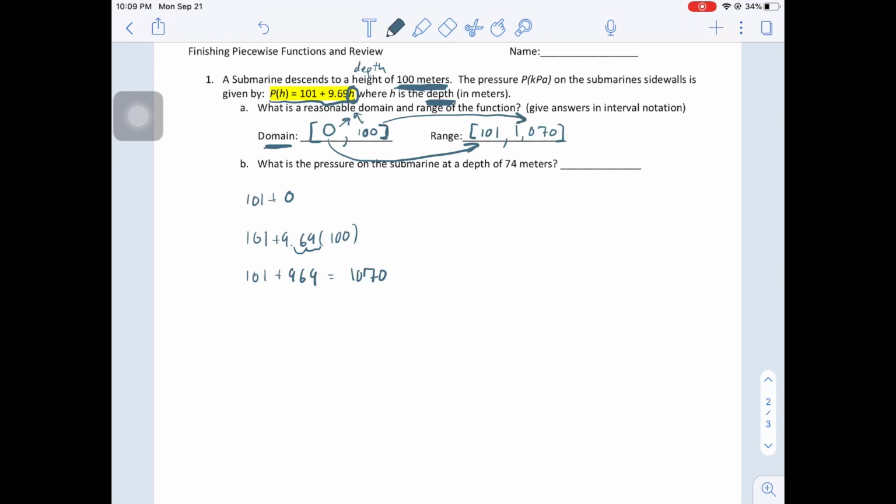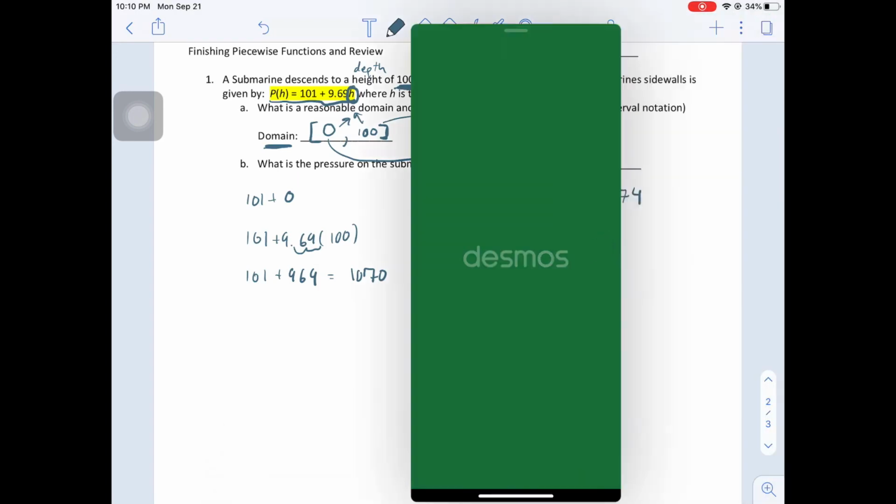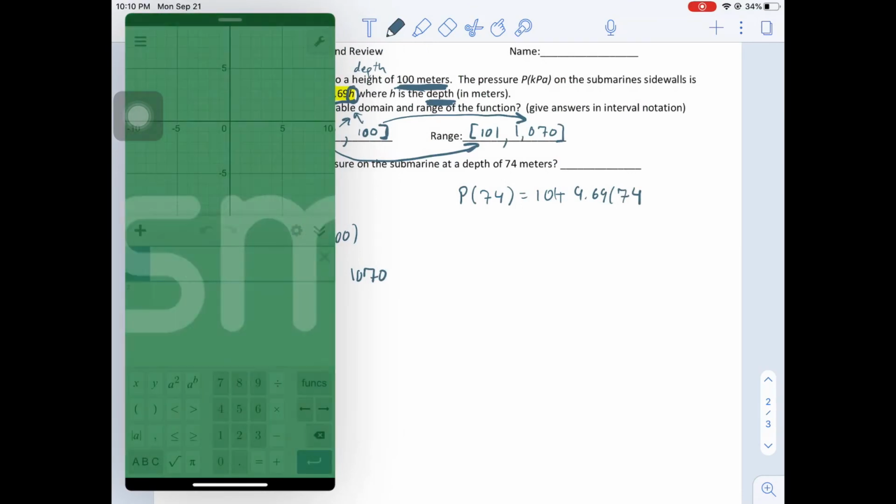Okay, so last question says, what is the pressure on the submarine at a depth of 74 meters? Well, in order to do that, we just say P of 74. Okay, and we plug it in. 101 plus 9.69 times 74. I'm going to have to look up what that is. 9.69 times 74, I don't remember.